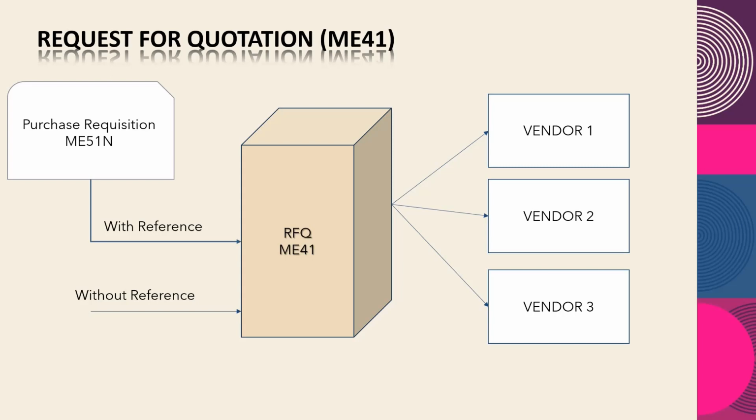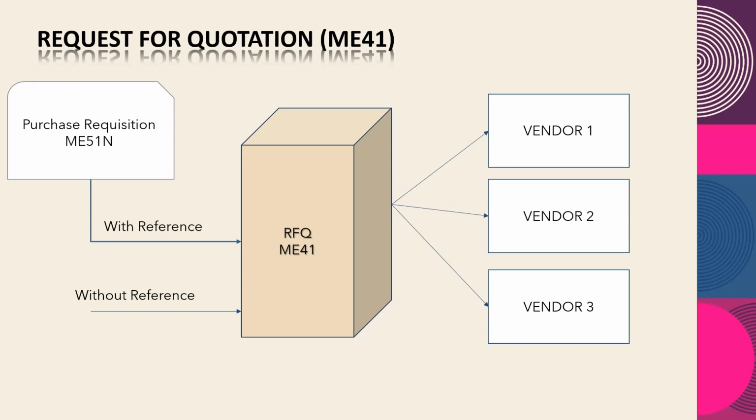Once you create an RFQ, we need to send it to the vendors, so we need to enter the vendor details. For example, vendor 1 is so and so, vendor 2 is so and so, and vendor 3. We have to enter the details and this will go to the vendors. Now what is the next step when it goes to the vendors?